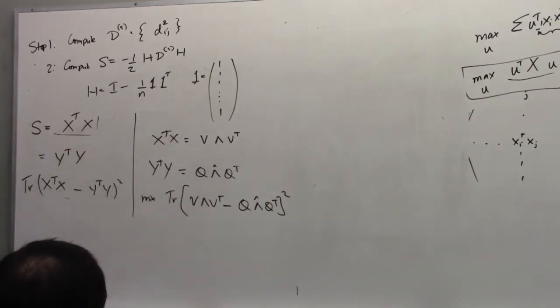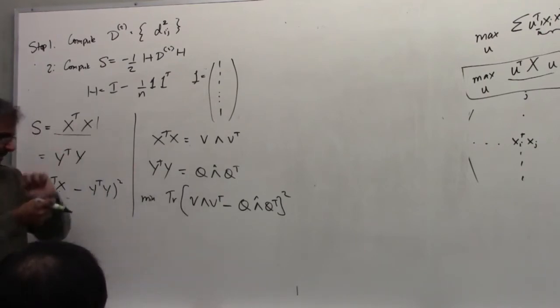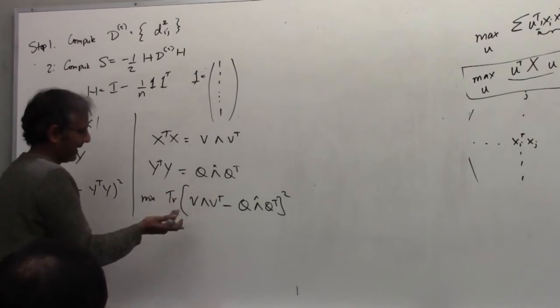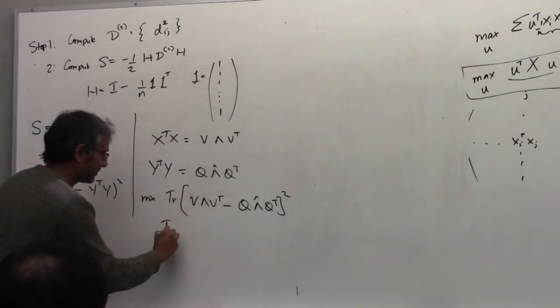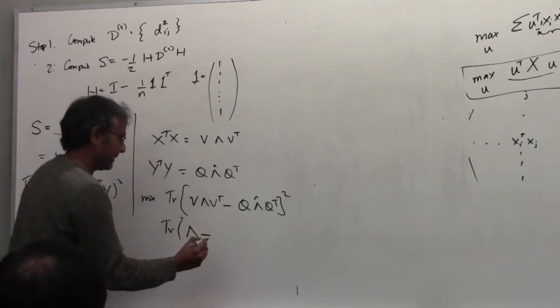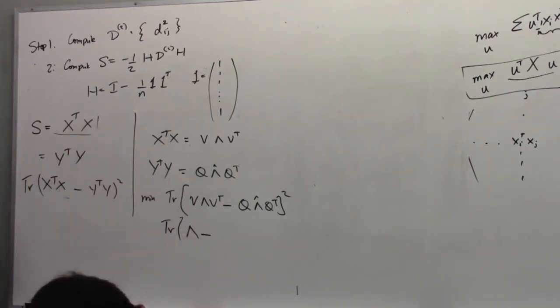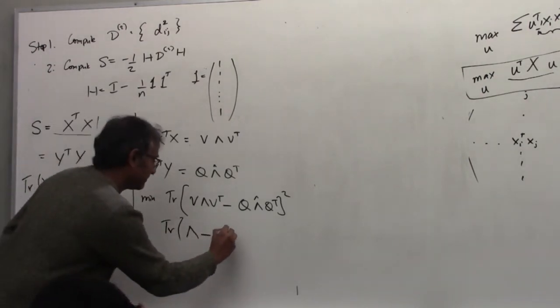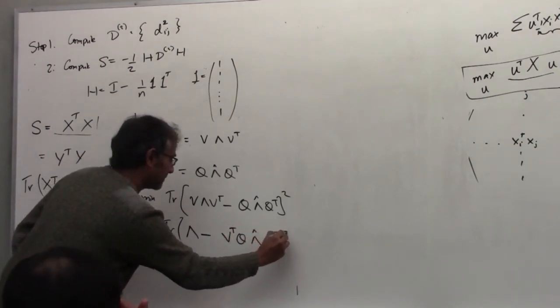There's this cool thing with the trace that you can rotate the multiplications in the trace and the trace remains the same. So we're going to flip this around. It can be written as the trace of this diagonal matrix minus V transpose Q transpose squared.